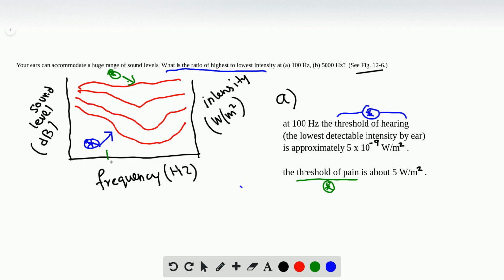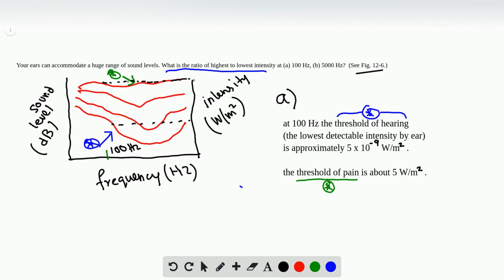Now at 100 hertz, so let's say this is our 100, and at 100 hertz we need to see what intensity we get for threshold of hearing and for threshold of pain.